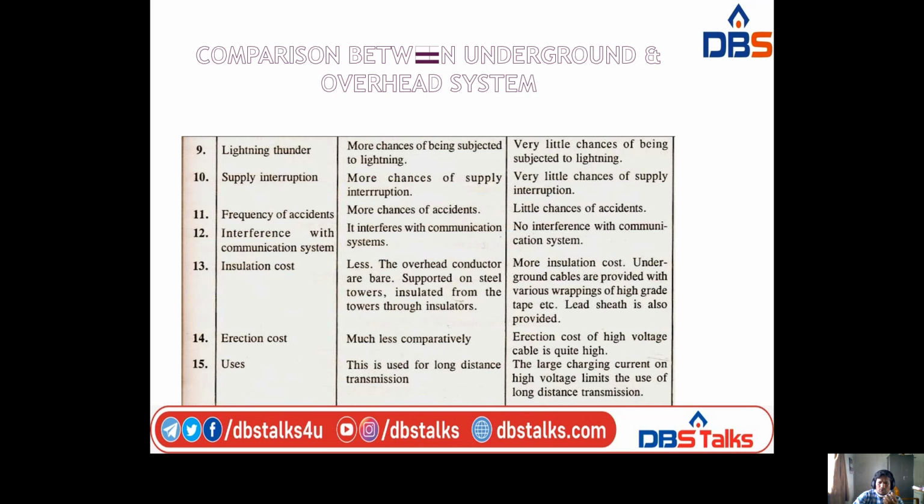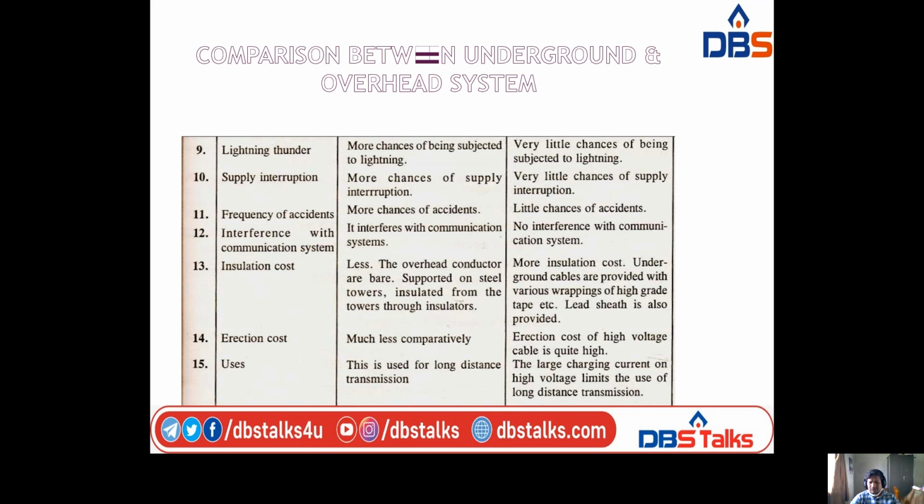Accidents: more chances of accidents in the overhead system, very few in underground. Interference with communication systems: in the overhead system it is more, that is, it interferes with telephonic lines; in underground there is no interference with communication systems.